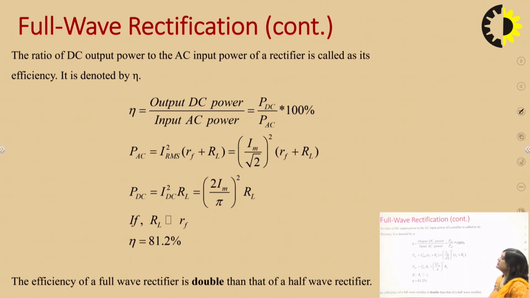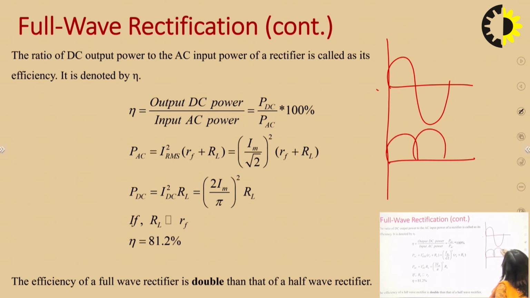After that, the full wave rectifier. We will see two types of full wave rectifier, the bridge rectifier and the center tap type rectifier. In that case, the output will be like this.